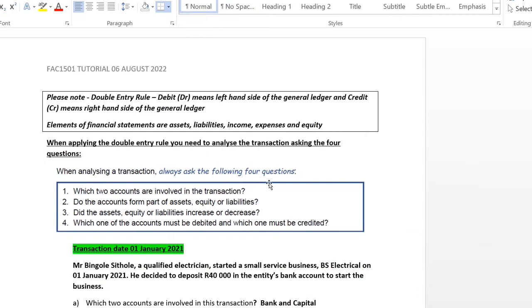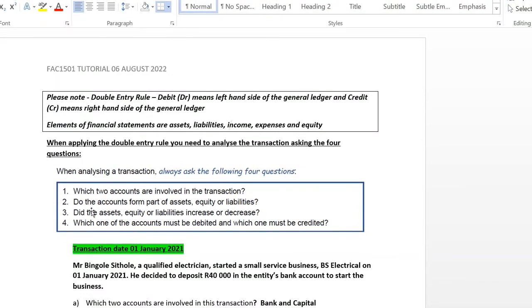Now let's continue with this example. We agreed that Matilda bought stationery worth 5,000 at Walton's, and she paid 5,000. So the two accounts there are asset and income.